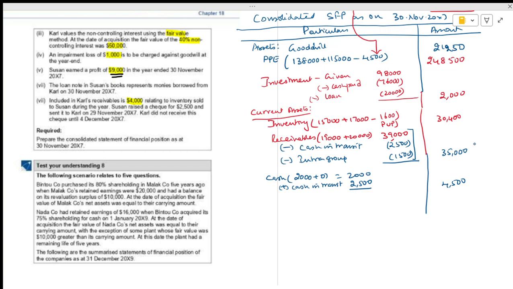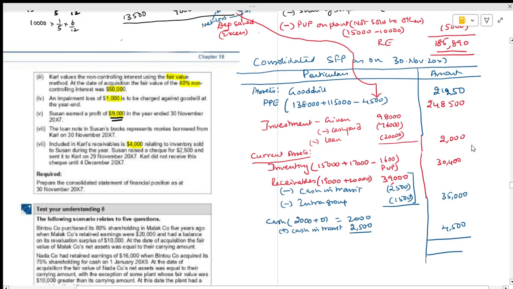How much will you get as the total? 21,250, 248,500, 2,000, 3,400, 35,000, 4,500. 341,650. Total assets.